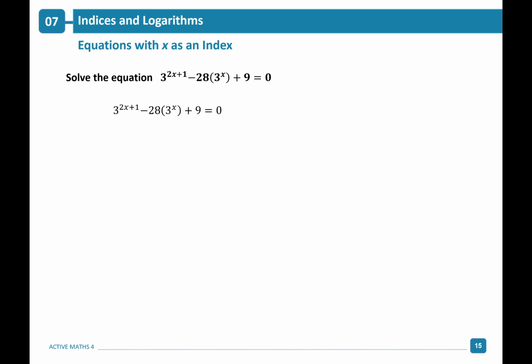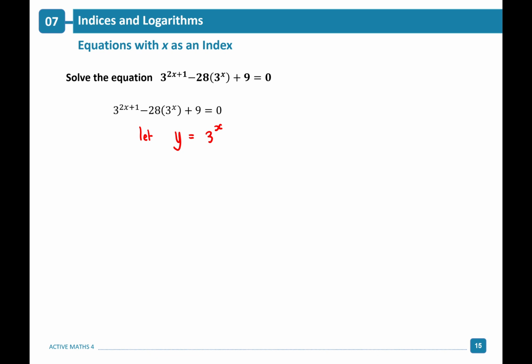Then I want you to let y equal 3 to the power of x. So we want to write everything here in terms of y.